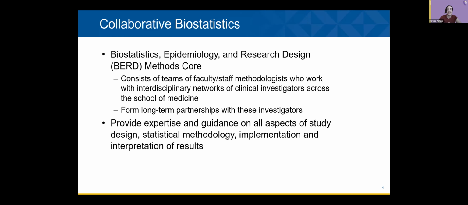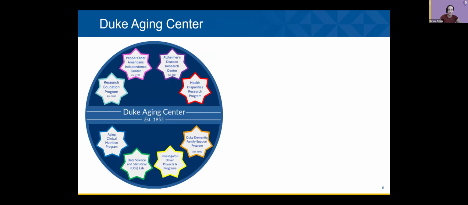So it's a very neat setup that we have. And so the idea is for us to provide expertise and guidance on all aspects of study design, statistical methods, implementation, and also interpretation of results. So kind of through the whole clinical research study process.